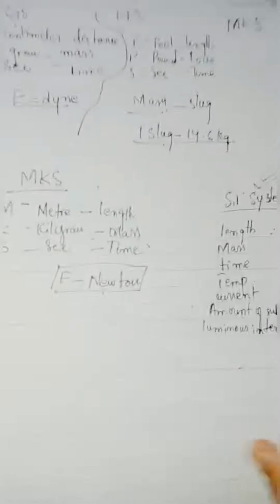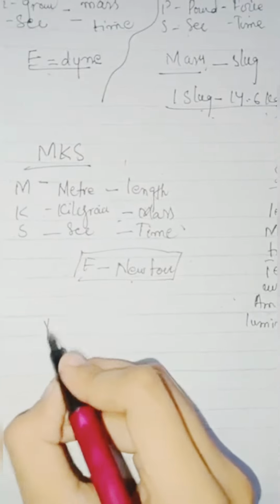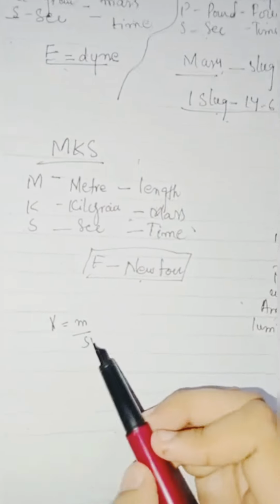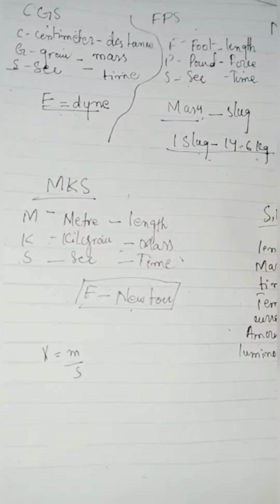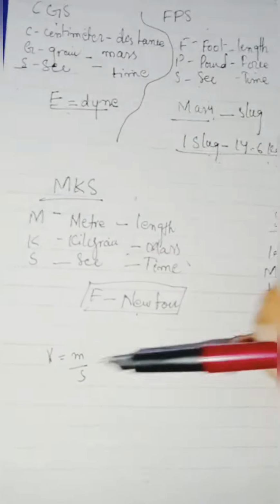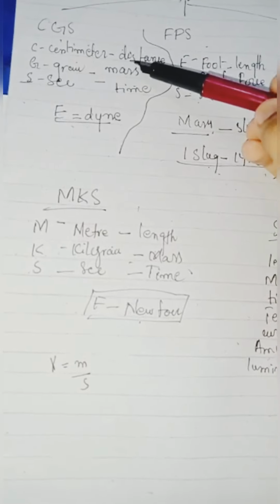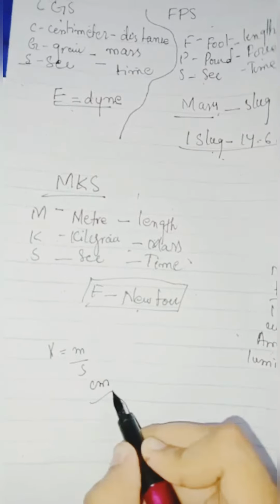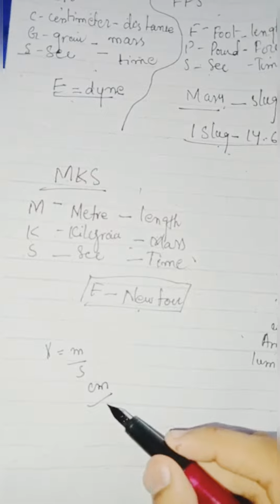For example, the formula for velocity is meter per second. What will be the unit of velocity in CGS system? Here meter is distance, and the unit of distance will be centimeter, and the unit of time is second.